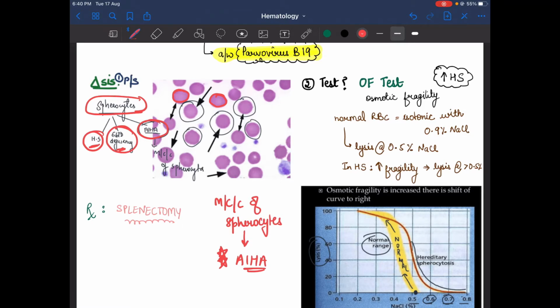Second, in the diagnosis we do the osmotic fragility test, the OF test. In hereditary spherocytosis, H means high, which means osmotic fragility is increased.